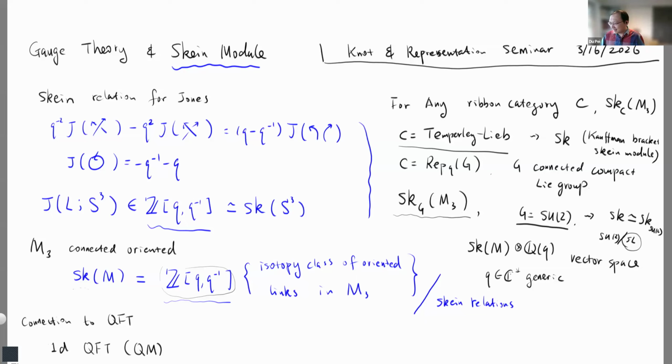So what makes this connection more immediate is that the skein module is, in a sense, a quantization of the character variety.